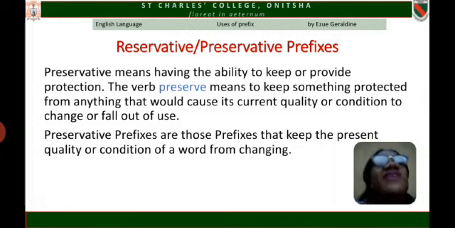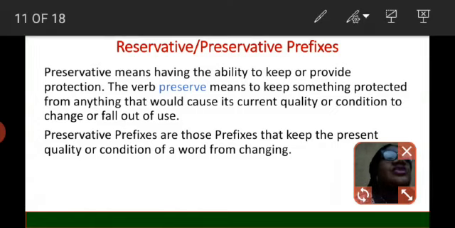So some prefixes are used to preserve the word, to keep it in the quality it ought to be, so that it doesn't fall out of use. So with that we say preservative prefixes are those prefixes that keep the present quality or condition of a word from changing.